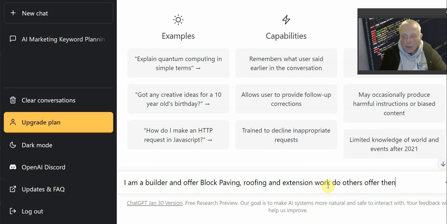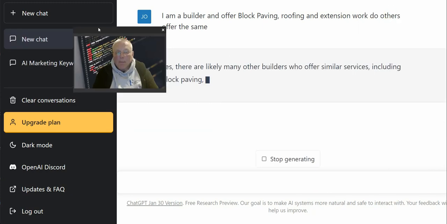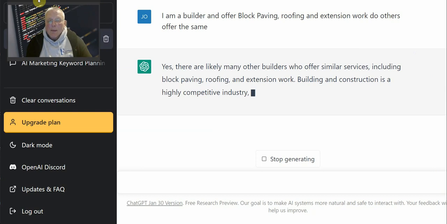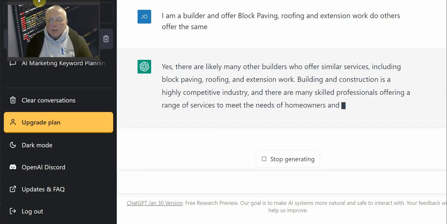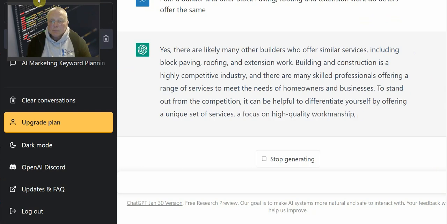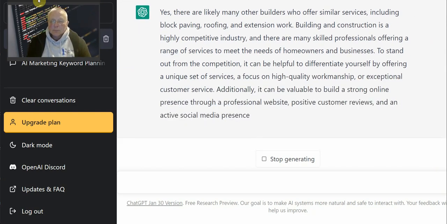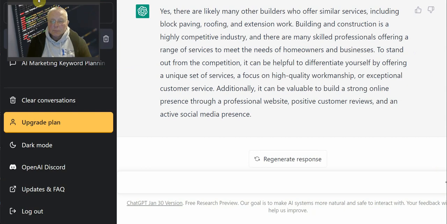Offer the same. So we're just doing a search on this to see what AI will say about that. There we go. Some little bit of information in that.